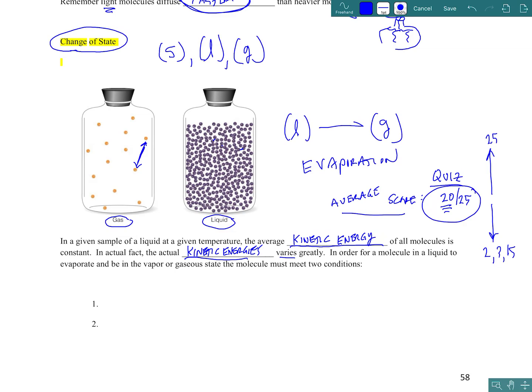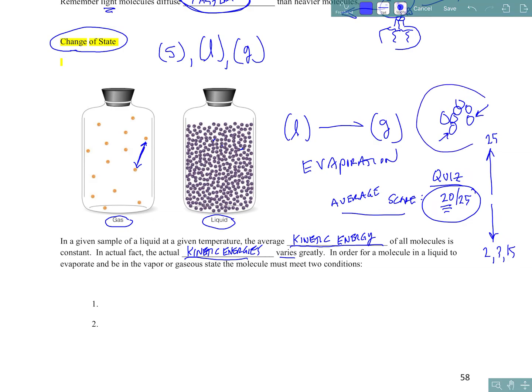I hope that helps you understand it a bit better. See, when it comes to the molecular perspective, if I were to look at a liquid particle, we'll draw a picture of a liquid here. Does that look unorganized enough to be liquid particles? Let's look at that particle. That particle might have more kinetic energy than this particle.